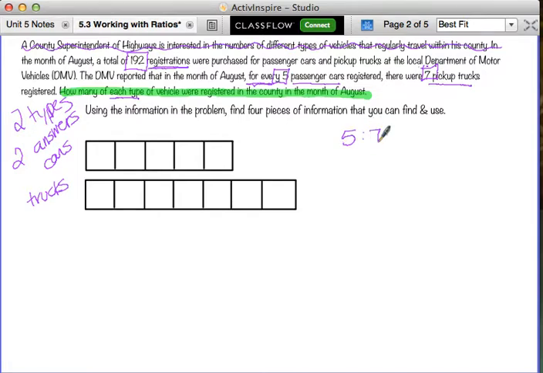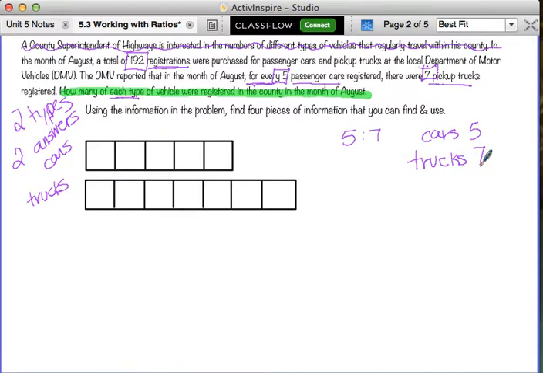So let's find these 4 pieces of information. In this case, we're talking about cars and trucks. So one piece of information will be cars. And I know that in my simplified ratio, there's 5. Then there's trucks. And in my simplified ratio, there are 7.